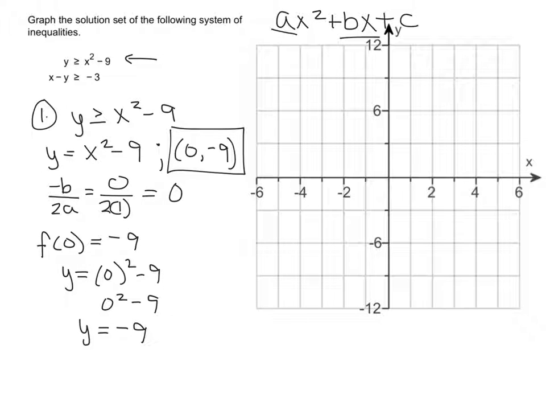If we plot this on our graph, we'll have a point here at 0, negative 9, and the y-axis counts by 3s in this case. Now I want to find a value on the right and left of the vertex. So I'm going to choose x equals 1 and x equals negative 1 and find ordered pairs.